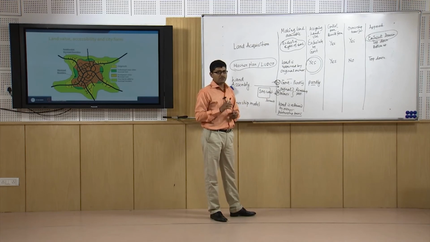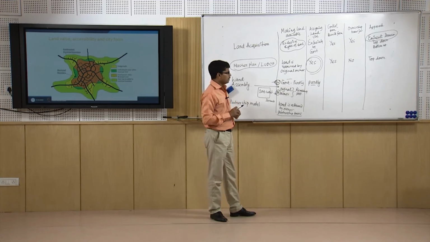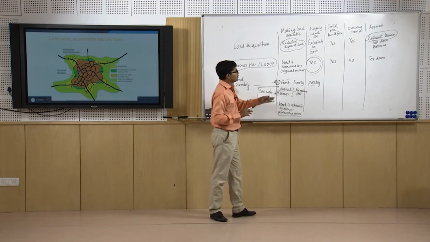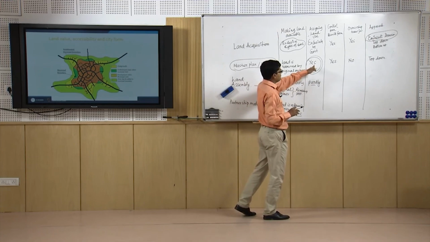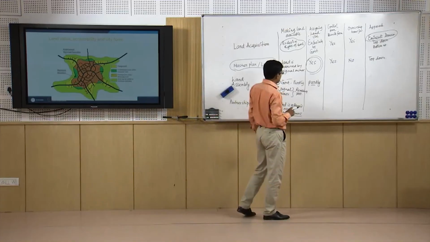But definitely some guidelines, like say percentage of residential, percentage of commercial, are given. Definitely some incompatible or very hazardous land use cannot be there; those kinds of broad guidelines are given, but it is not very stringent. So, the land use prescription is partly, not very stringent like the land use and development control plan.